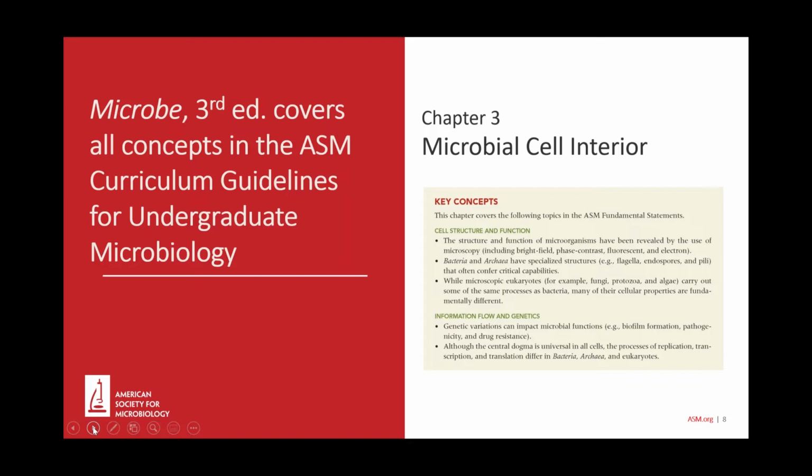Together, these curriculum guidelines are a fully comprehensive view of the entire field of microbiology. All concepts presented in Microbe 3E are mapped to these curriculum guidelines, and we indicate all the key concepts at the front of the chapter. You can see an example of this from Chapter 3: the microbial cell interior is not just about structure and function, but also about the core concept of information flow and genetic core concepts.